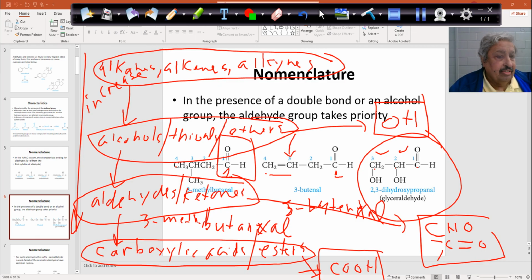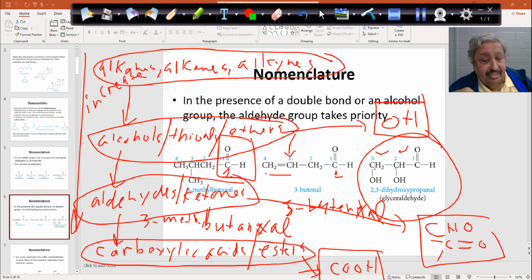If I have an alkane that has an OH group, it will not be named just after the alkane, alkene or alkyne; it will be named as an alcohol. If I have an alcohol group along with an aldehyde or ketone group, this structure will be named as an aldehyde or ketone, and the OH functional group will be a hydroxy group.